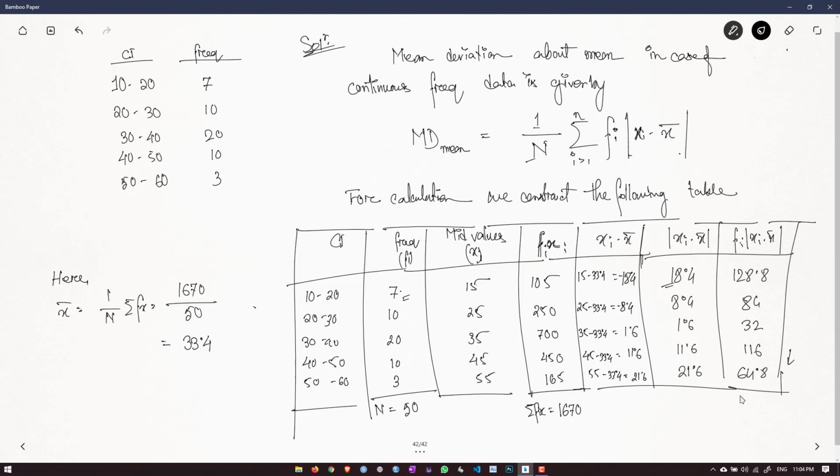Now we need the total of this column. That means summation f modulus of x minus x bar. This value is, if you add this 128.8, 84, 32, 116 and 64.8, you will get 425.6, right? This is the value.